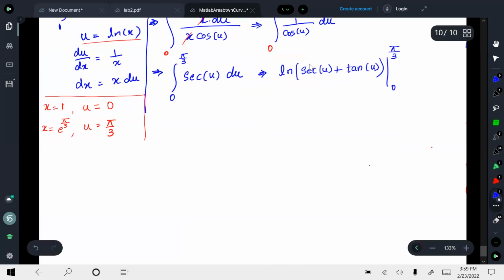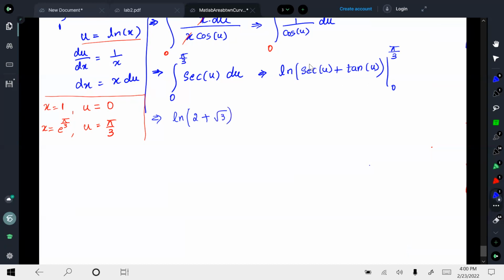Now proceeding to the next step, we just have to apply the limits, right? So this is ln of secant pi by 3 plus tan pi by 3. What is secant pi by 3? Secant pi by 3 is 2, plus tan pi by 3 is square root of 3.